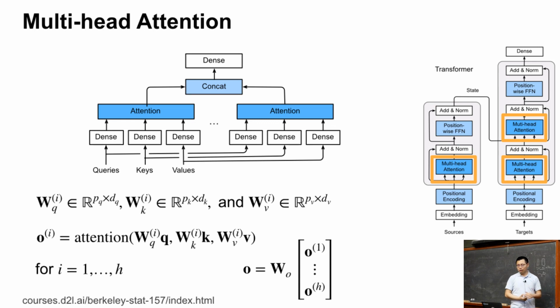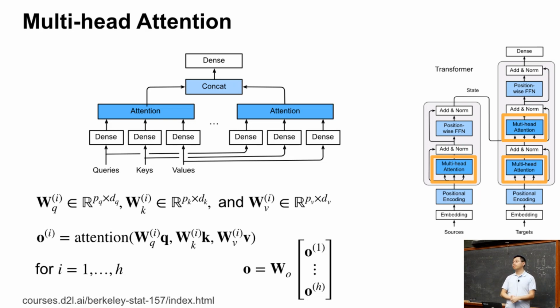Given the queries, keys and values, every time we project using 3 dense layers accordingly, project to a lower dimension space, and feed into the original attention layer to get output. For all these heads, we concat all the outputs together and pass them through another dense layer for projection to get the output.